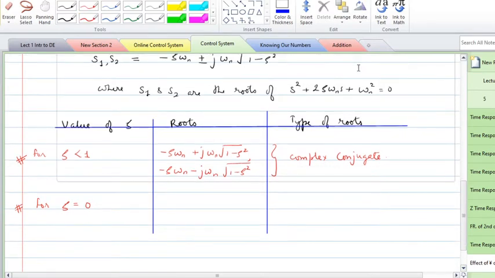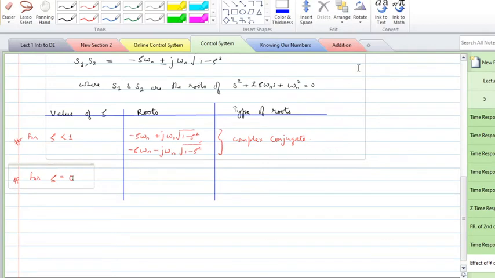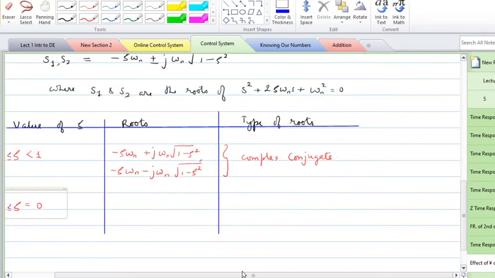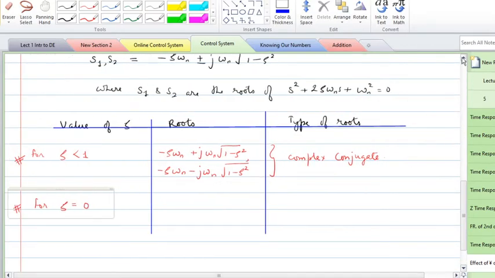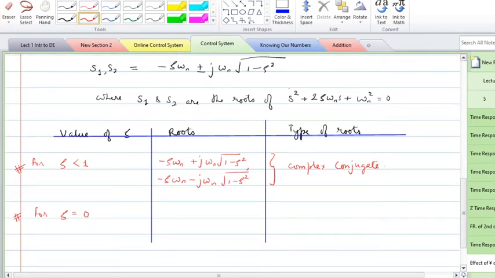For zeta equal to 0, this equation results in purely imaginary roots, and the roots are plus j omega n and minus j omega n. Okay, that is, the roots are imaginary.